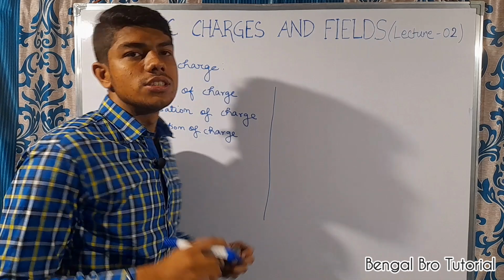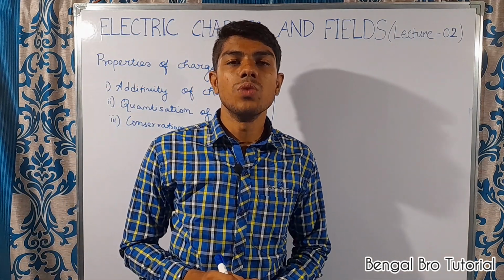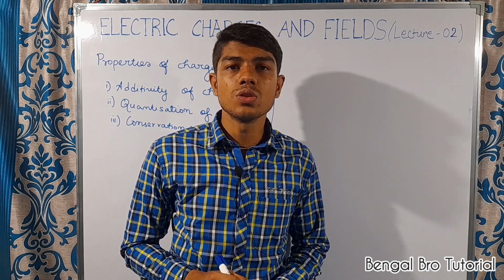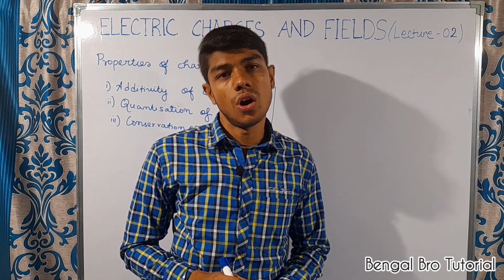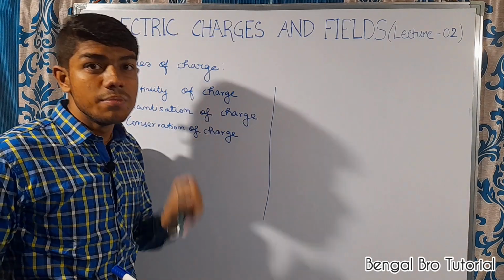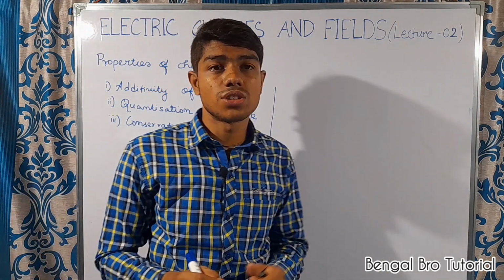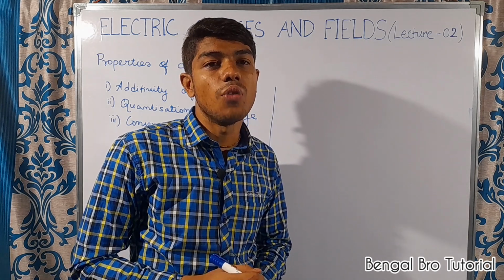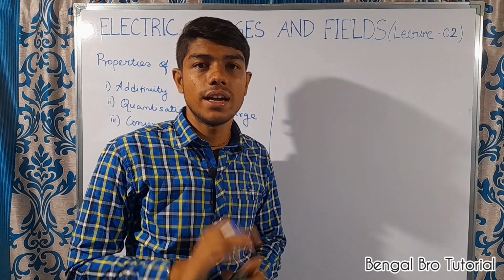Now see, charge is a scalar quantity, which means that direction is not associated with charge. Also, charge obeys the algebraic law of addition. Additivity of charge means that the total charge in a body is equal to the algebraic sum of all the individual charges in that body.